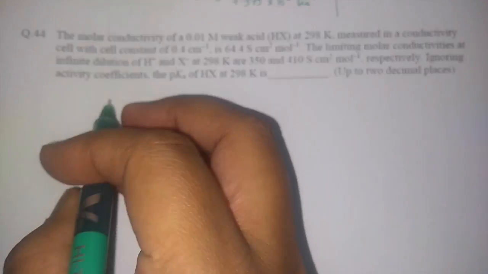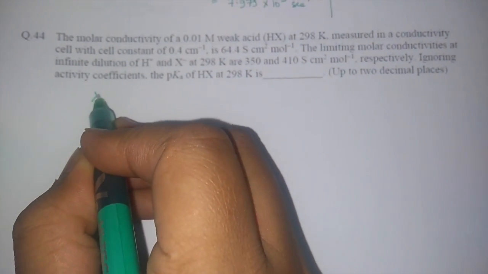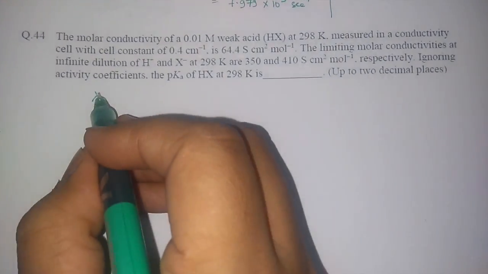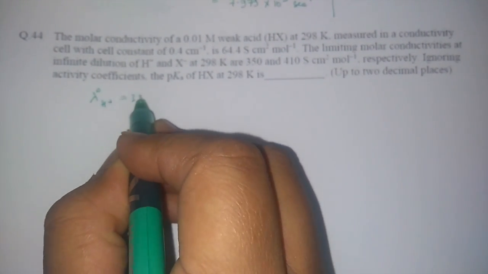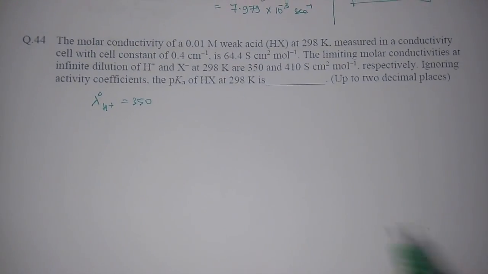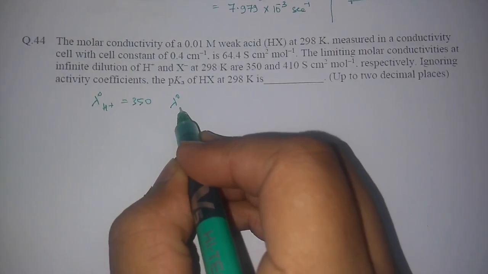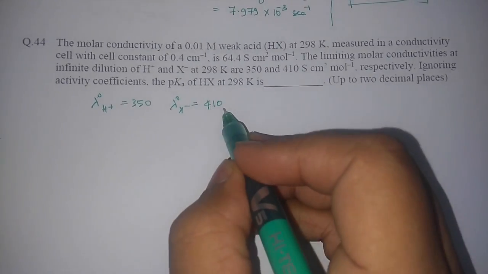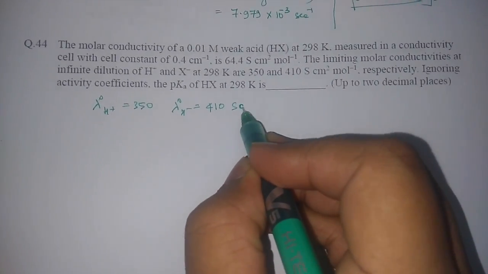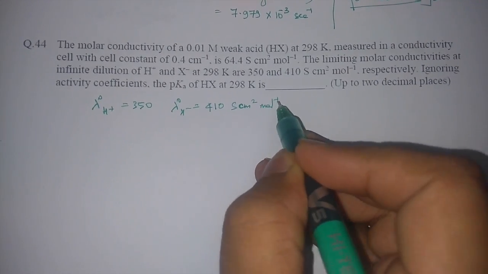So what are the things given to you? First of all, I'll just write them. At infinite dilution, your lambda naught H plus is 350, whereas your lambda naught X minus is 410. The units are the same, that is Siemens centimeter square per mole.